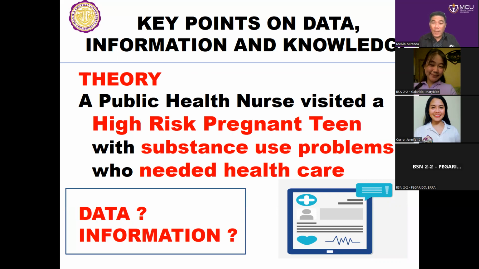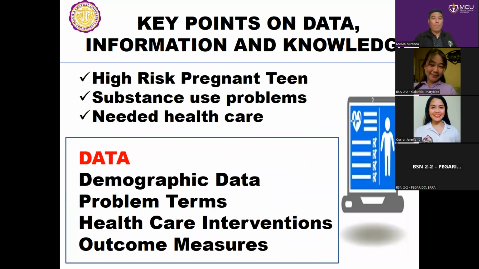The more specific, meaning that it will answer the 5 W's, the more we gear towards information. To best explain this, for example, a high-risk pregnant teen could be considered as information. Why? Because the data there is demographic data.